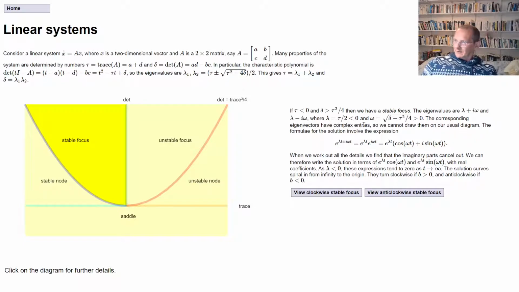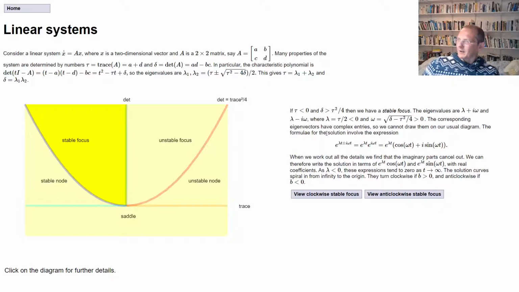So the roots here are going to be tau over 2 plus or minus i omega, where omega is a real number, the square root of delta minus tau squared over 4. So there are two eigenvalues, lambda plus i omega and lambda minus i omega, where lambda and omega are real numbers.